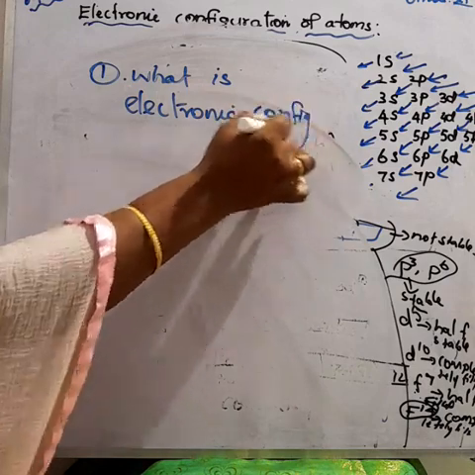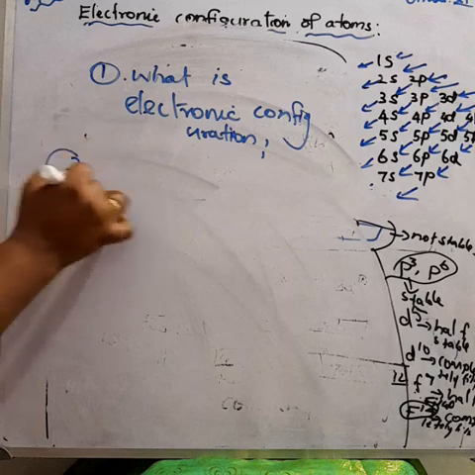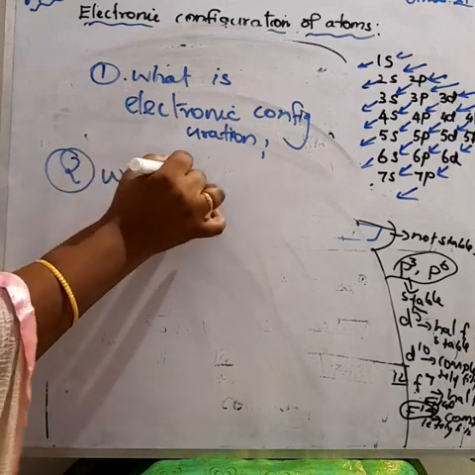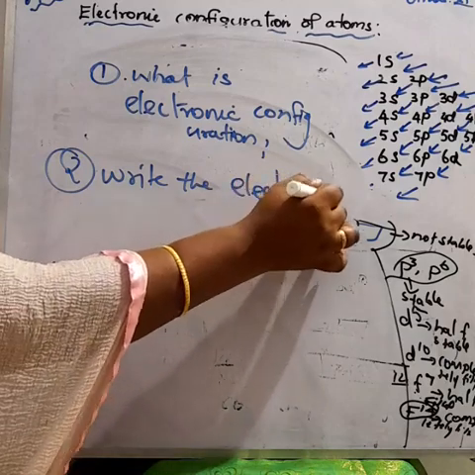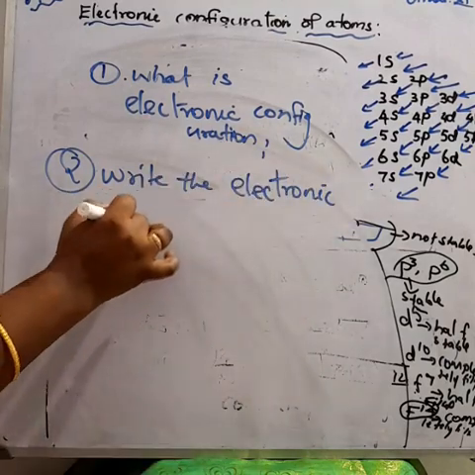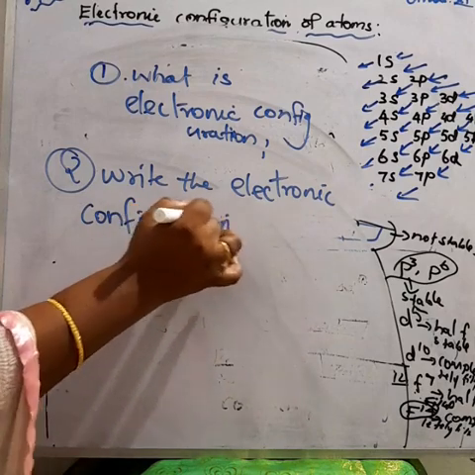Second question, write the electronic configuration and orbital diagrams for the first 10 elements.